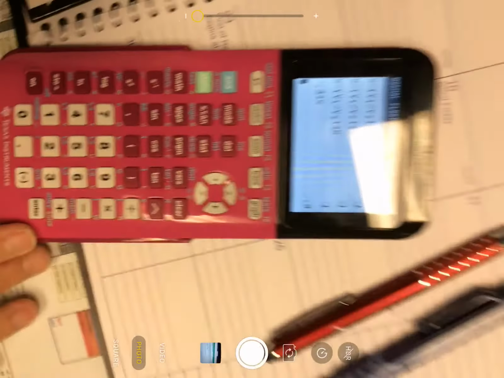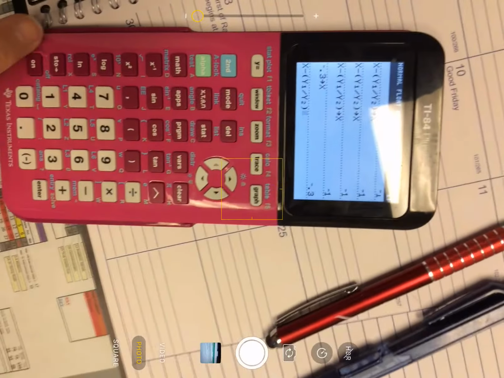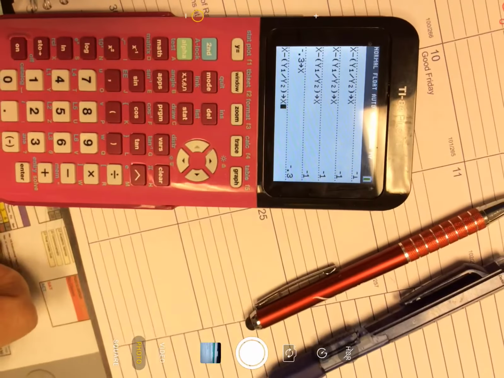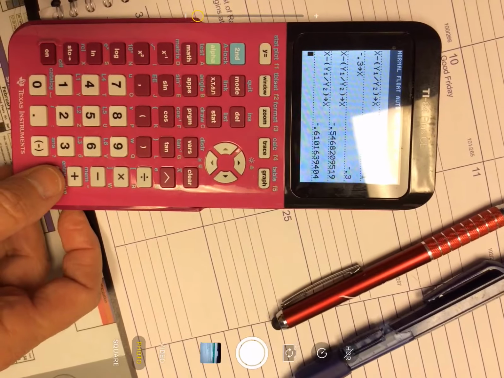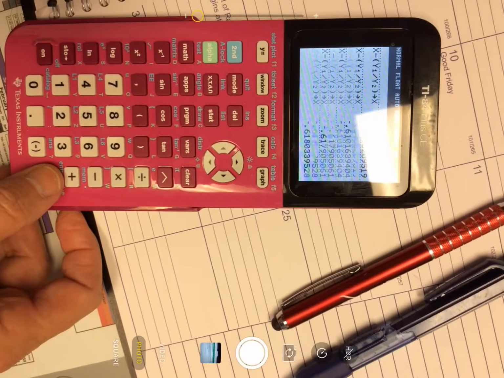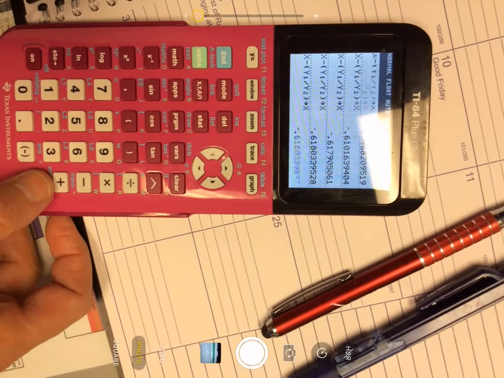And then, again, I'm going to say x minus parentheses vars y vars 1 divided by vars y2, close the parentheses, store that into x, and hit enter. And hit enter again, because we want to make sure that, uh-oh, that's the same one we already had, isn't it?